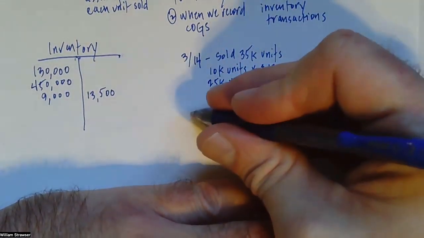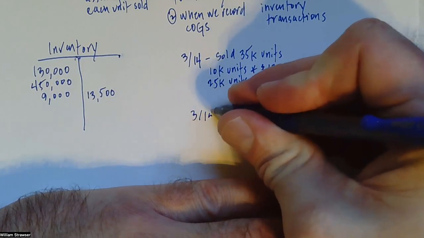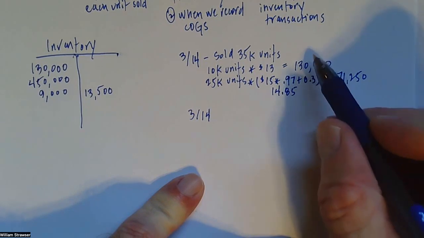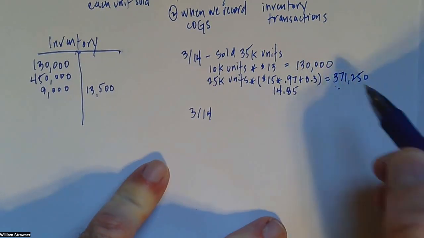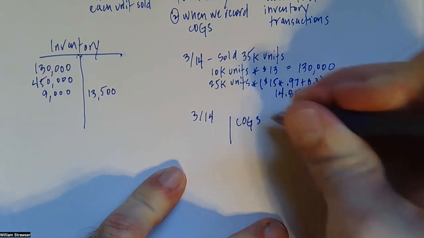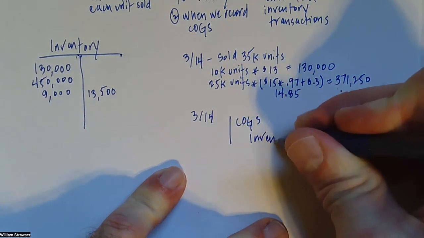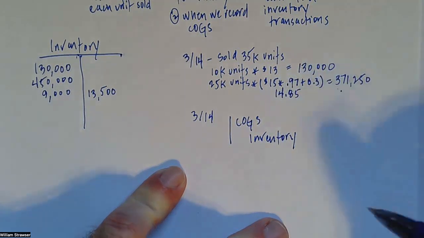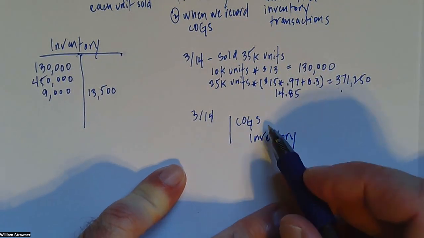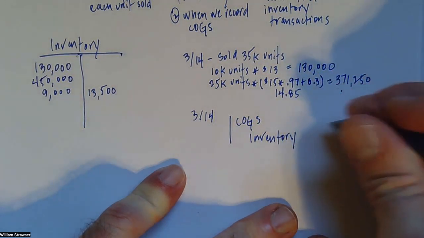Right? That means that on 3/14, I need to record cost of goods sold. My cost of goods sold is these two amounts added together because this is the total price of the inventory that I moved. And the cost of goods sold entry is this simple under the perpetual method. I just debit COGS, credit inventory for the appropriate amounts.